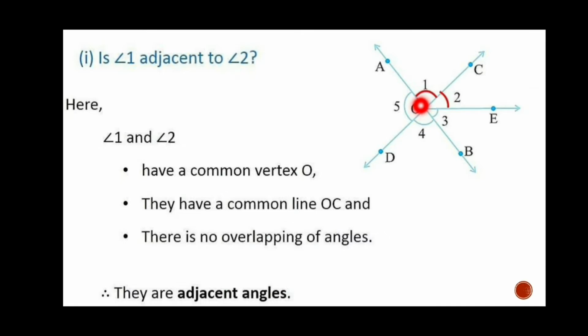So you can see that here angle 1 and angle 2 have all these properties. They have a common vertex O, they have a common line OC, and there is no overlapping of angles. So we can say that yes, 1 and 2 are adjacent angles.